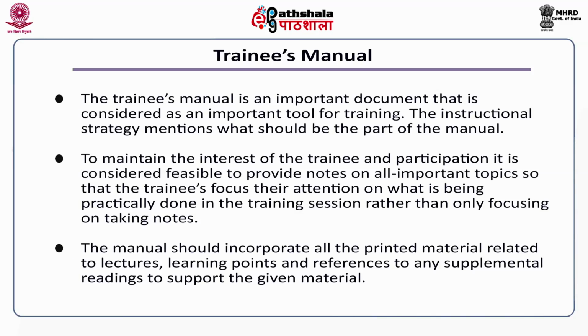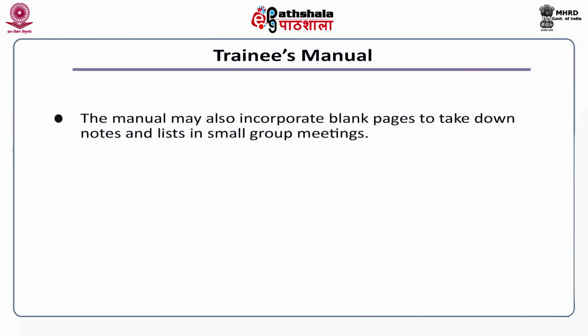The manual should incorporate all the printed material related to lectures, learning points, and references to any supplemental readings to support the given material. The manual may also incorporate blank pages to take down notes and lists in small group meetings.